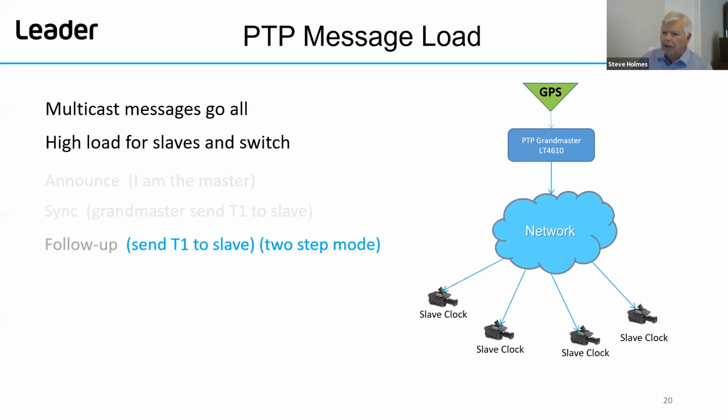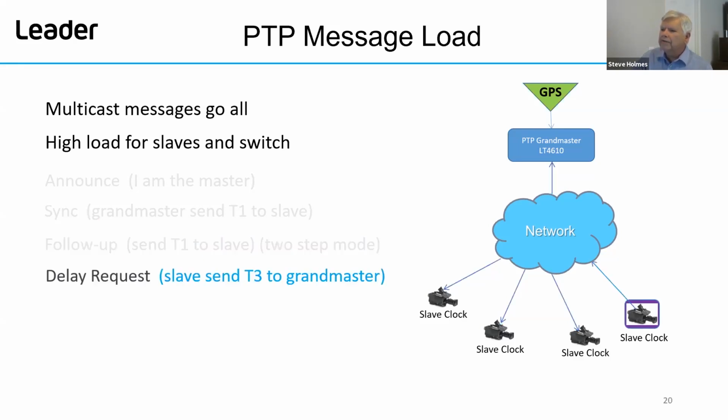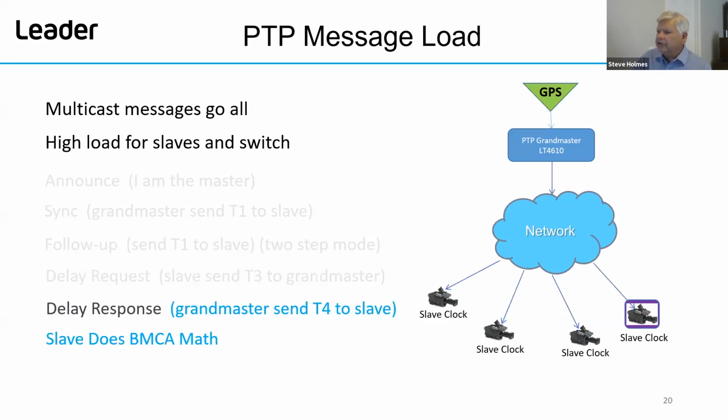If you're in two-step mode, you'll send out a follow-up message to restamp what the sync time was. Then one of the receivers is going to send out a delay request. It says, okay, Grandmaster, I got your time. Here is my time. And it asks for a delay response to be sent to that one receiver.